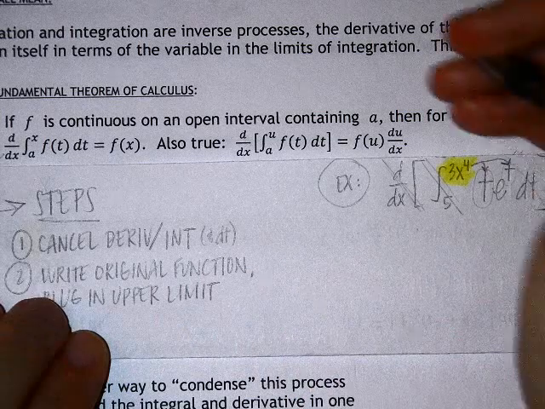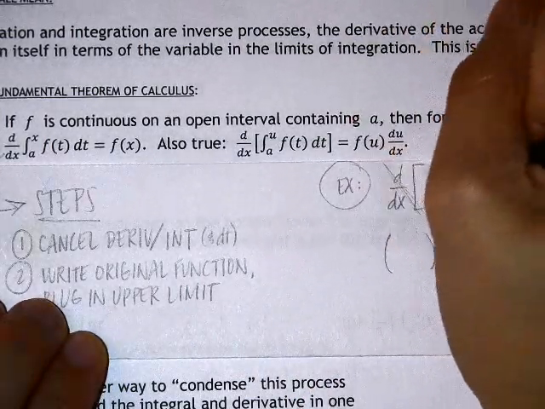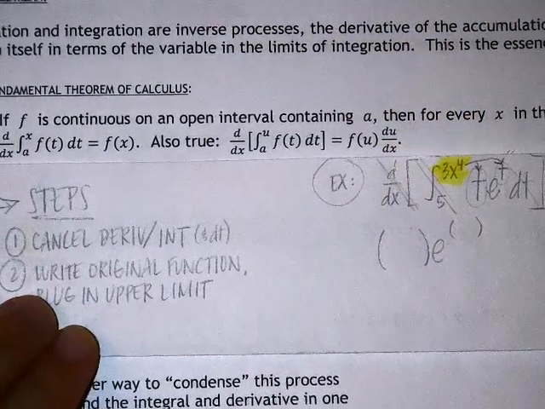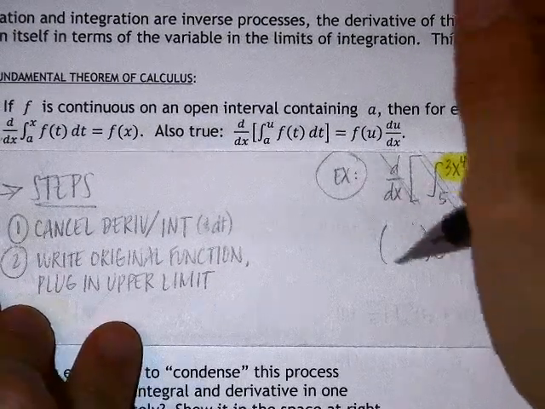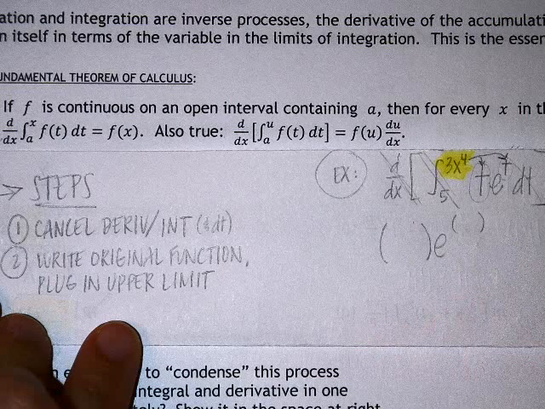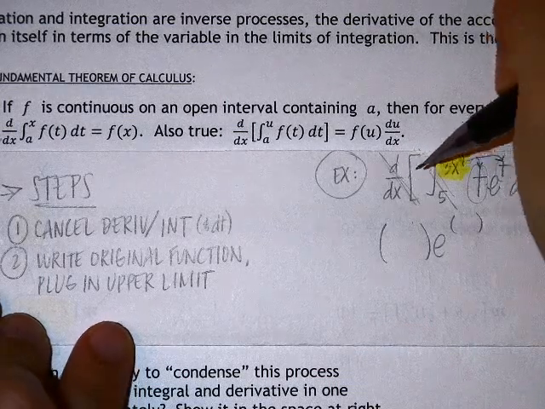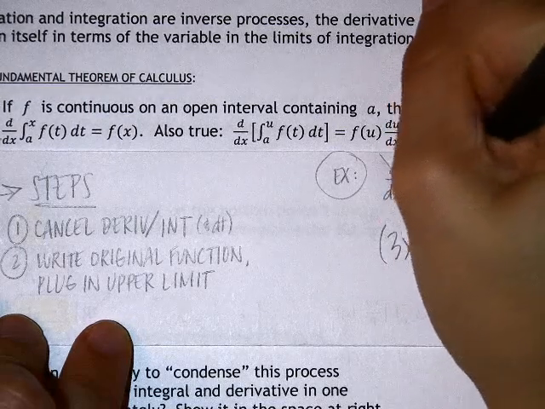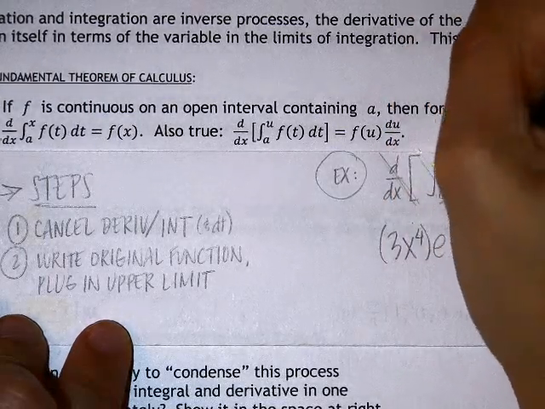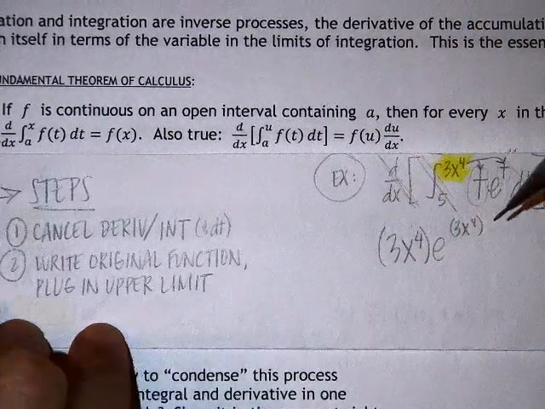So I'm going to write it out. I have something e to the something. And I like to use parentheses when I write this out. You don't have to. It's up to you. I just like parentheses because that reminds my brain I need to plug something in. And I'm going to plug the upper limit into those parentheses. So 3x to the 4th plugs in. Fantastic.